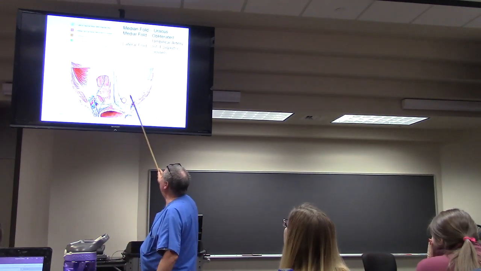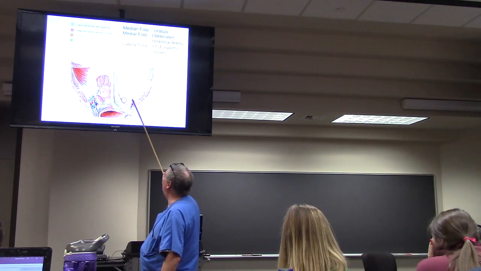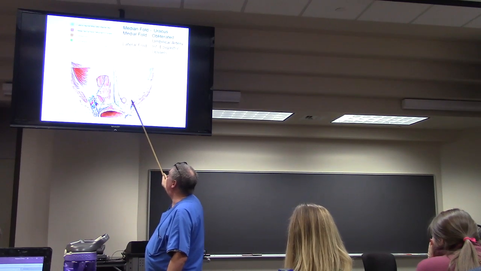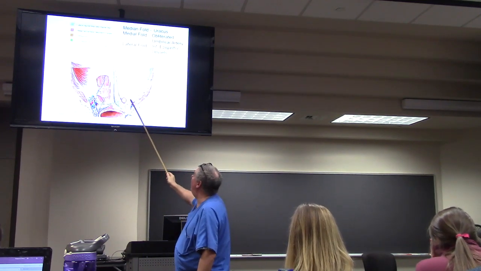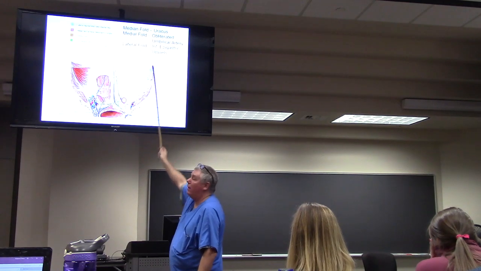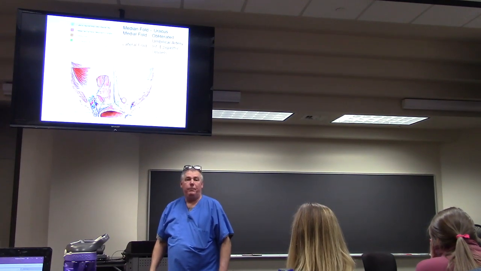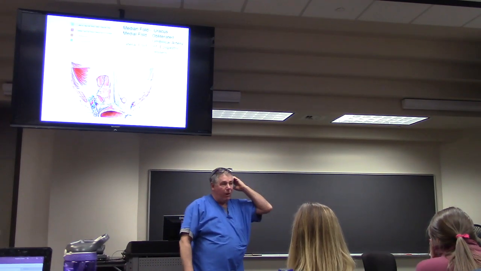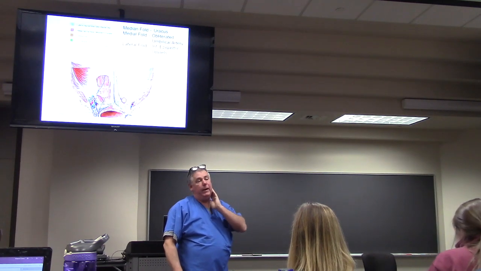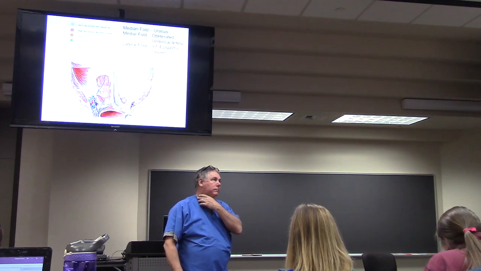Down here, they form a fold in the parietal peritoneum. That fold is called the lateral umbilical fold. The lateral umbilical fold is formed by the inferior epigastric vessels.